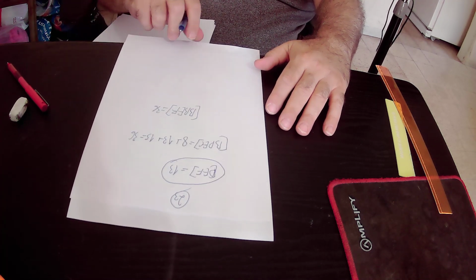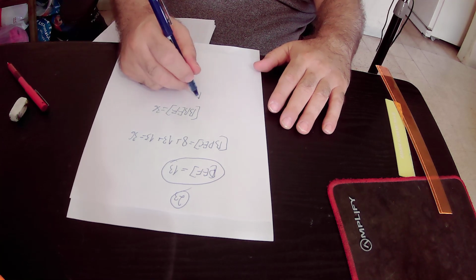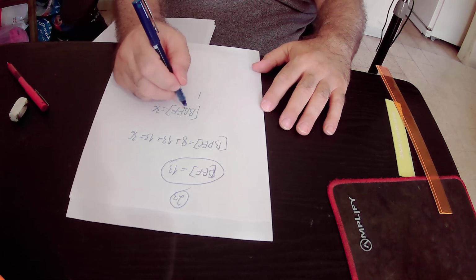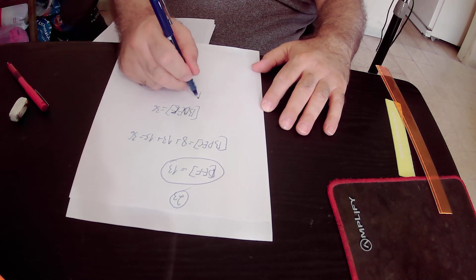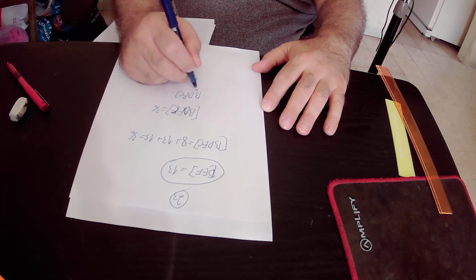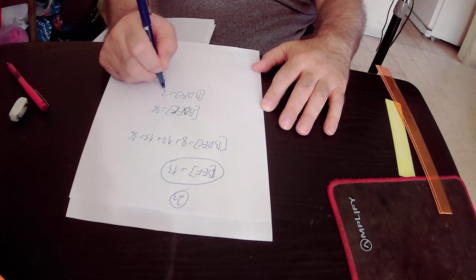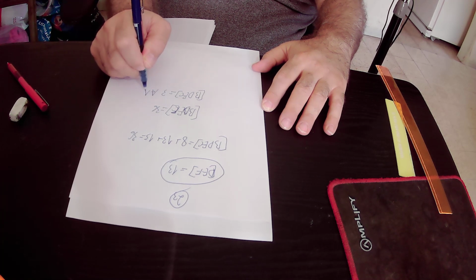But we have already found out that the area of quadrilateral BDEC equals 3 times the area of triangle AED.